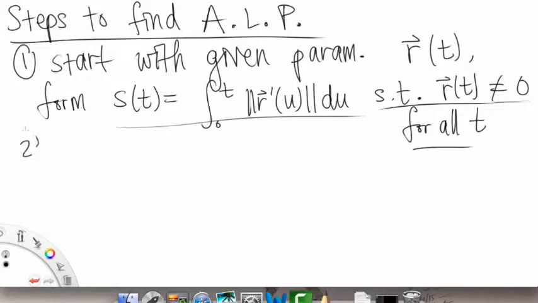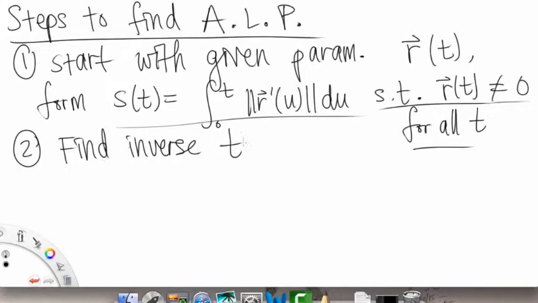And then, once we find this function, we're going to find the inverse of it. So find the inverse, t of s. Sometimes the book and other professors like to write this as g of s because it's technically another function. But just think of this as the same thing.